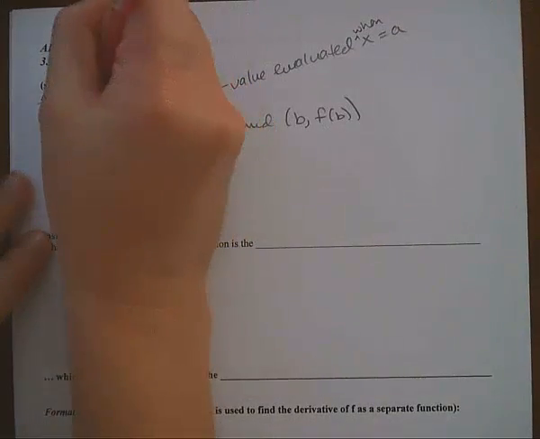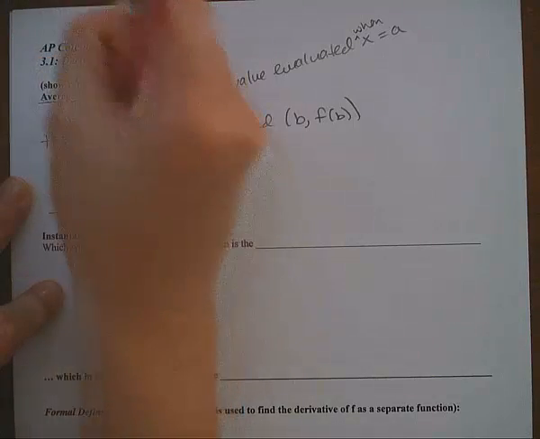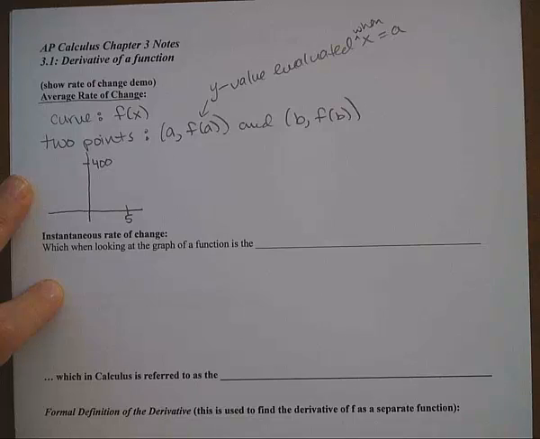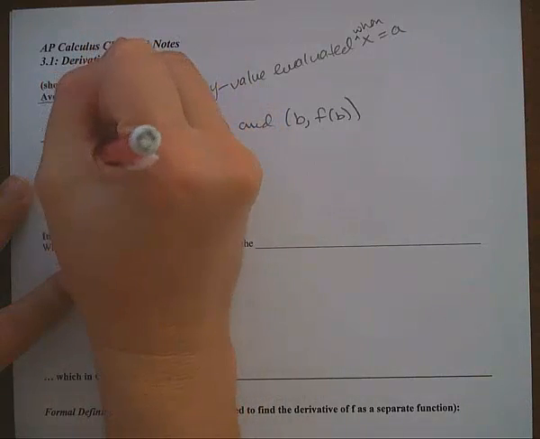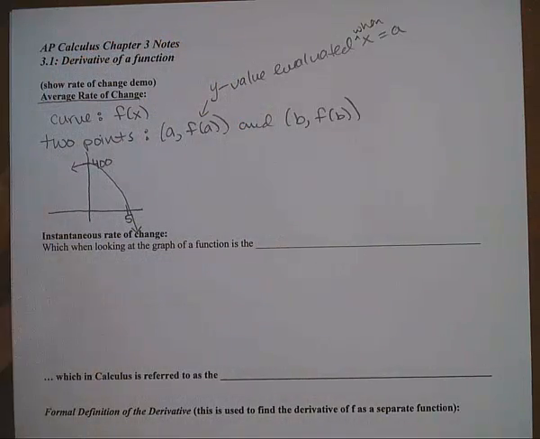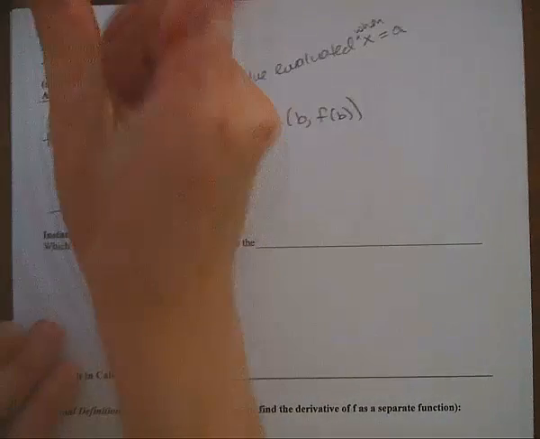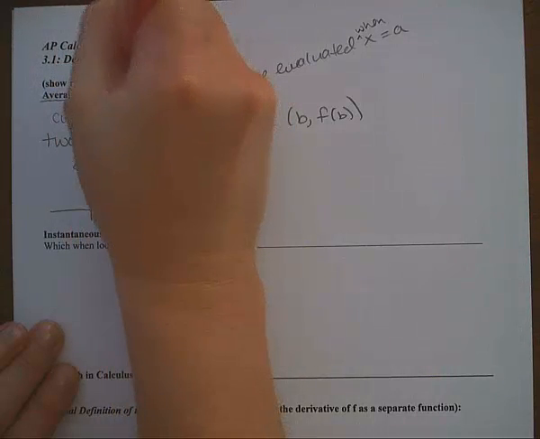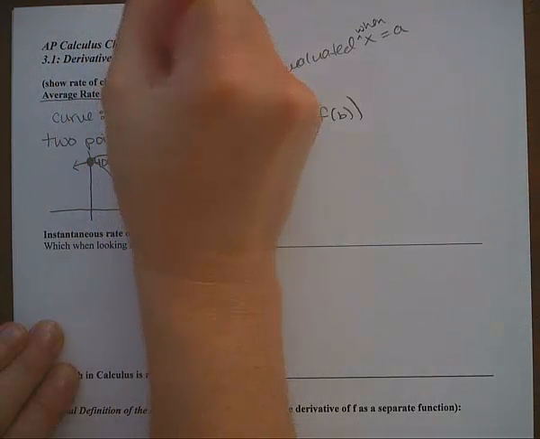So I'm just going to go ahead and use the same sort of image from the last video we watched. I believe the consistency helps connect the concepts. And we had this downward facing parabola. And we had A, f of A was right up here. So I'll go ahead and call that our A, f of A point.